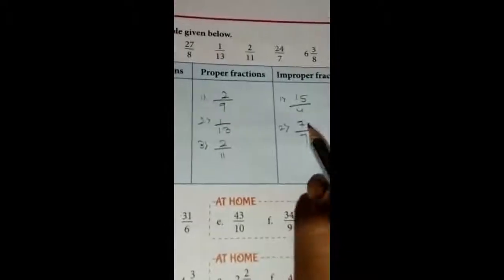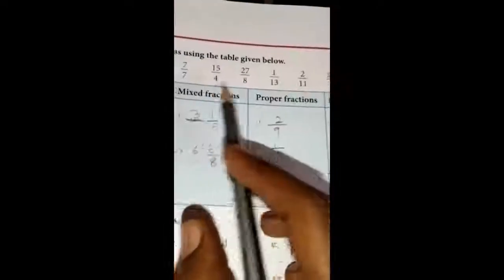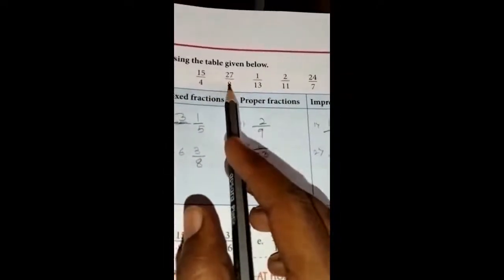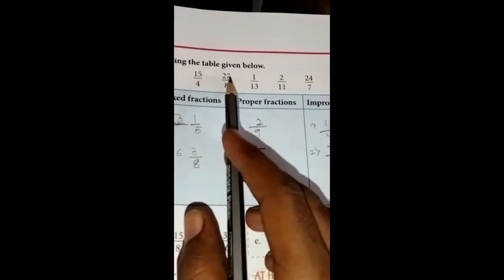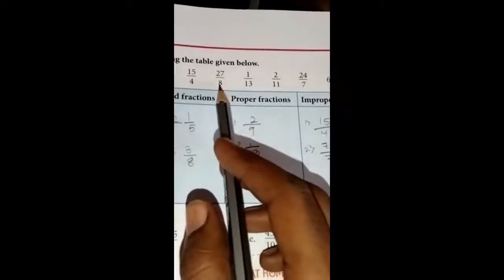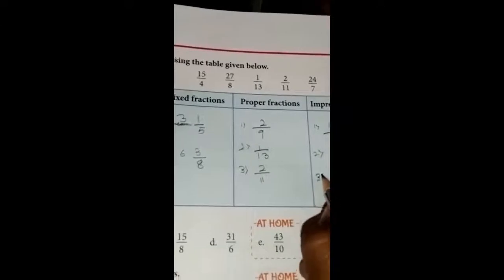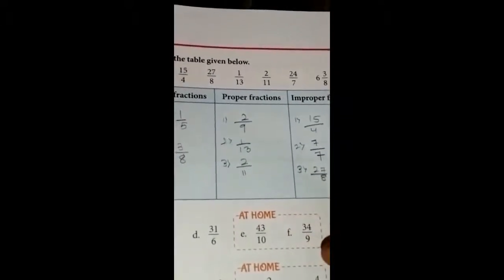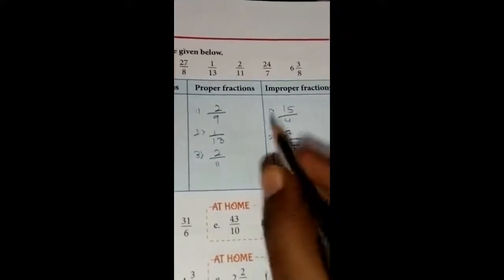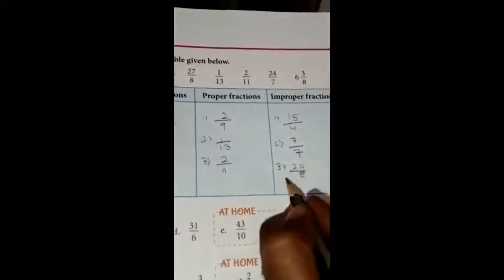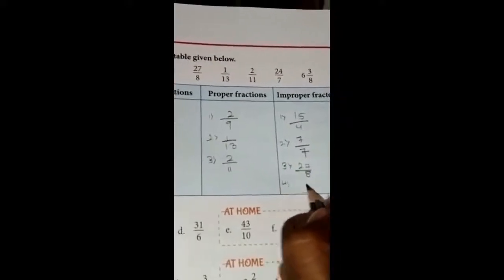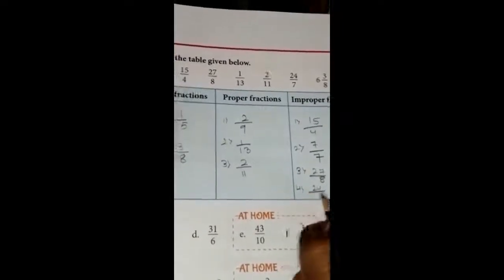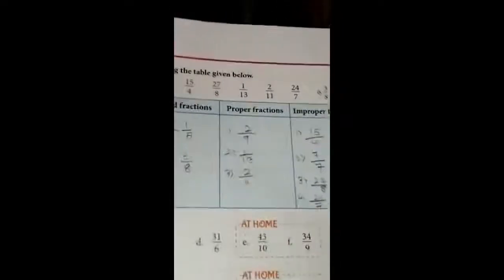Right here 7 by 7. And last one is here 24 by 7. Here also numerator is greater than denominator.